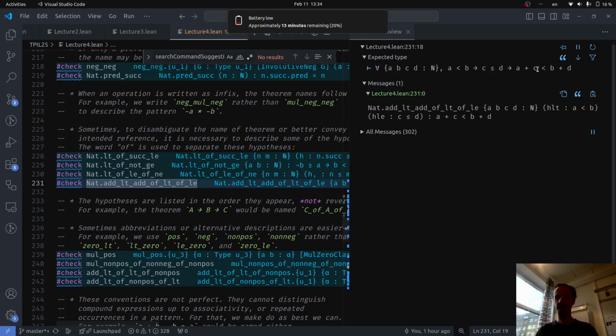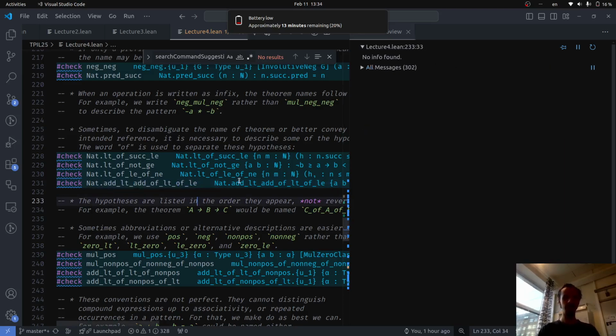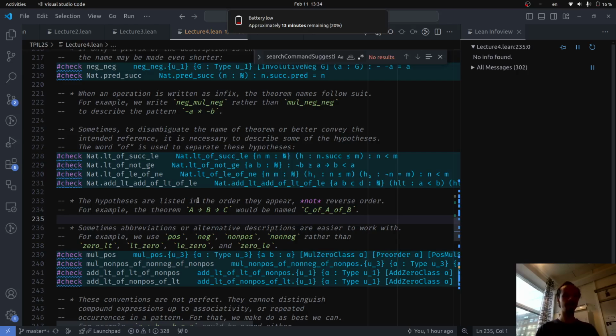And yeah, this is add_lt_add_of_lt_of_le. Okay, so that's how that works. And so as I said, the hypotheses are listed in the order they appear, not in reverse order. So if you have A implies B implies C, you're going to read first C, then A, then B.